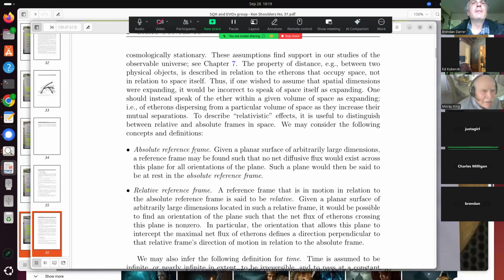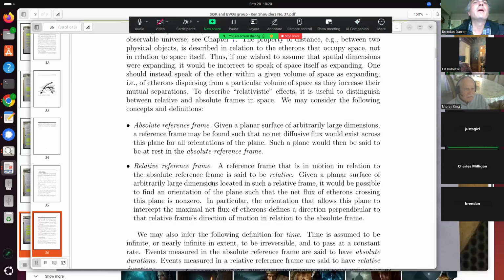Absolute reference frame. Given a planar surface of arbitrarily large dimensions, a reference frame may be found such that no net diffusive flux would exist across this plane for all orientations of the plane. Such a plane would then be said to be at rest in the absolute reference frame. Relative reference frame.